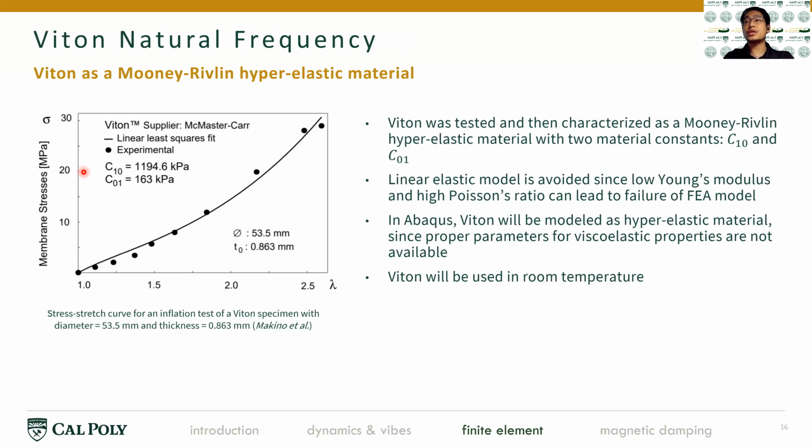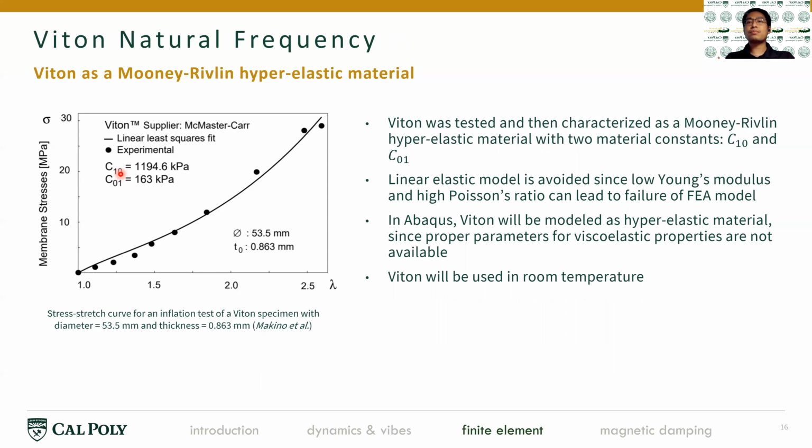These constants will be used in the FEA software to model the hyperelastic material of Viton. And we try to avoid the linear elastic model because with the very high Poisson ratio of Viton, about 0.49 to 0.495, it can easily break the FEA model.